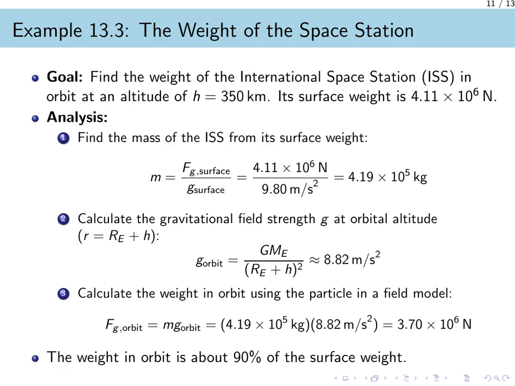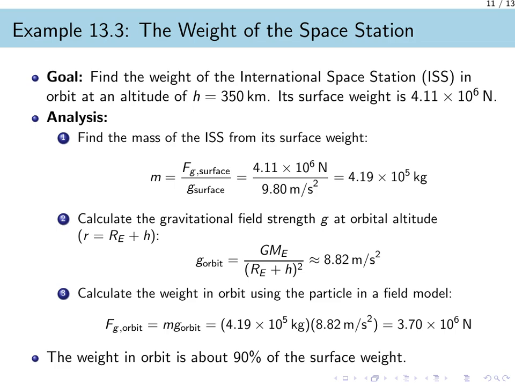Second, we calculate the gravitational field strength, g, at the orbital altitude of 350 kilometers. Using the universal gravitation formula, we find that g orbit is about 8.82 meters per second squared. As expected, this value is smaller than the g value at the surface.